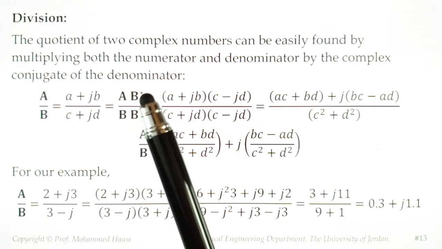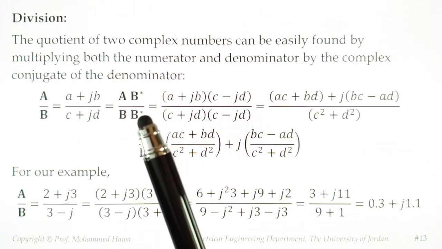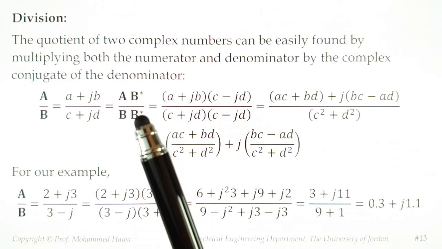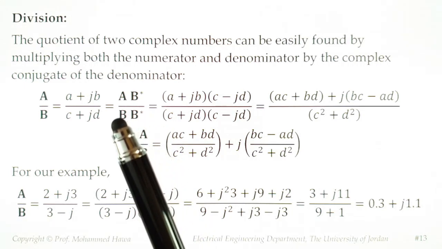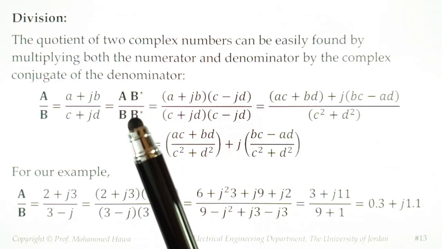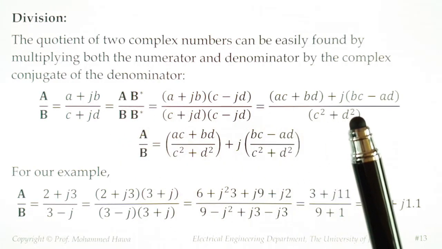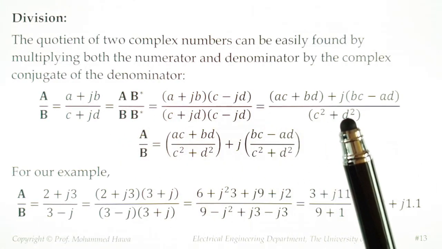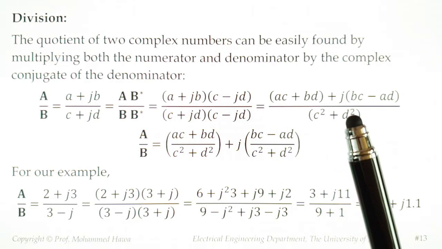Notice here I multiply by B star and divide by B star. I didn't change the result. However, when you multiply B by its complex conjugate, you're going to get a real number, which simplifies the division. Let me go through it step by step.